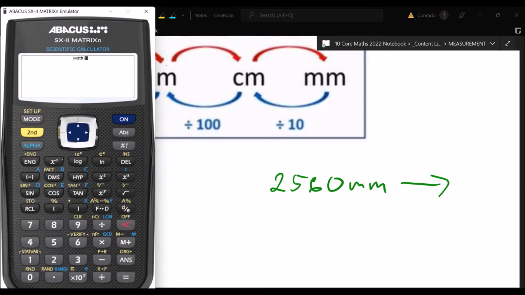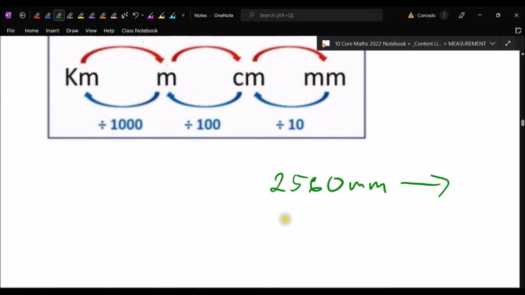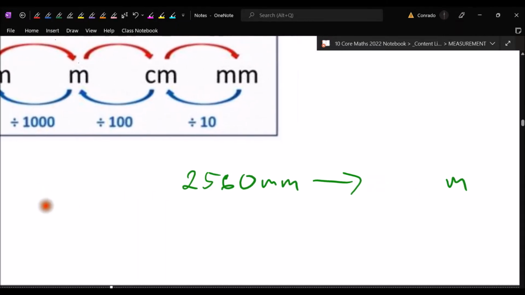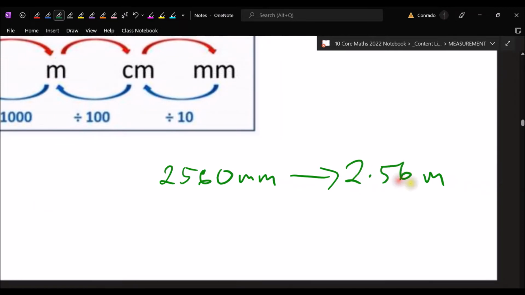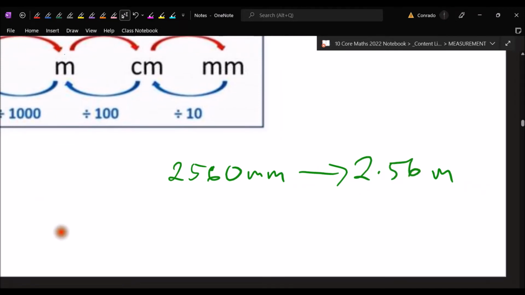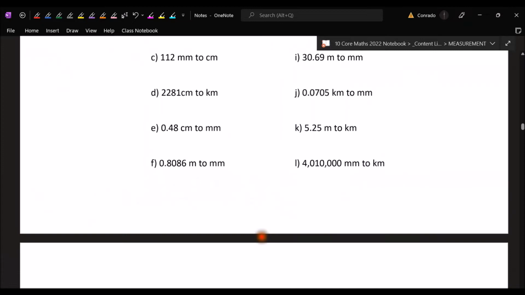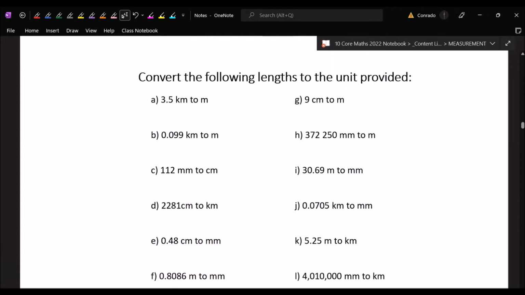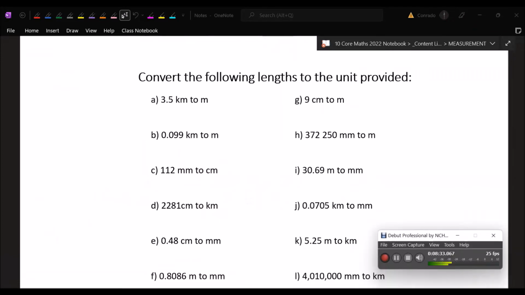It's a lot quicker actually, but if you can do it in your head, the answer will be 2.56 meters. 2,560 divided by 10 and then divided by 100 is 2.56, so that would be equivalent to 2.56 meters. Does that make sense? I'm going to get you guys to do these ones for me. Convert these units to what it asks you to.